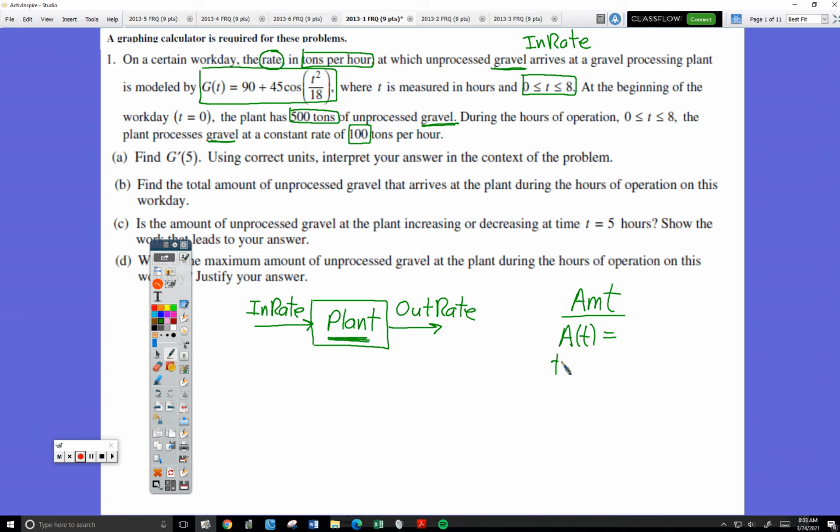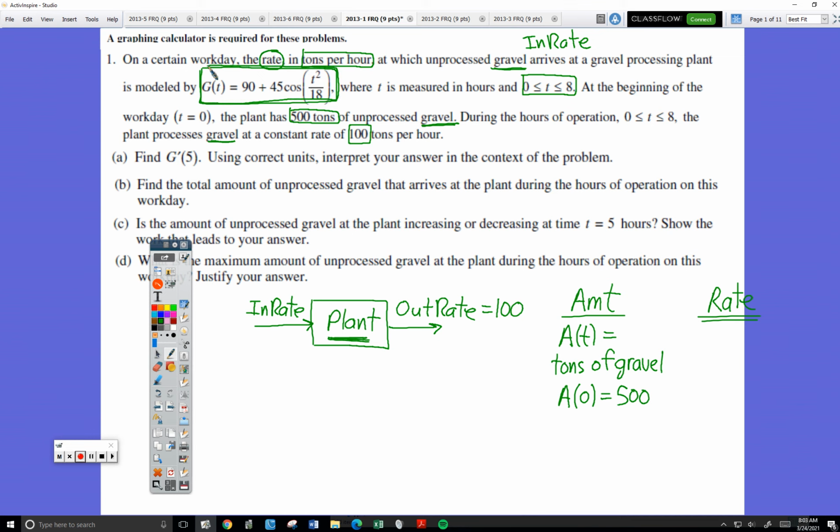So we'll say tons of gravel. And we know that A at time 0 is 500. Therefore, our rate is a combination of the in rate and the out rate. Because the out rate, which is 100 tons per hour, causes the amount to go down, but the in rate, modeled by this function, causes the amount of gravel to go up.